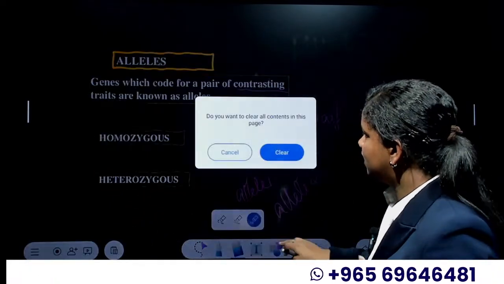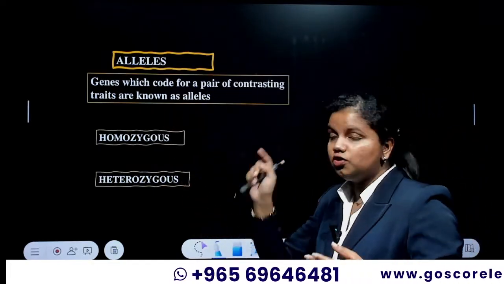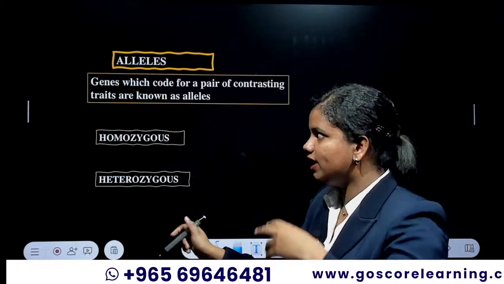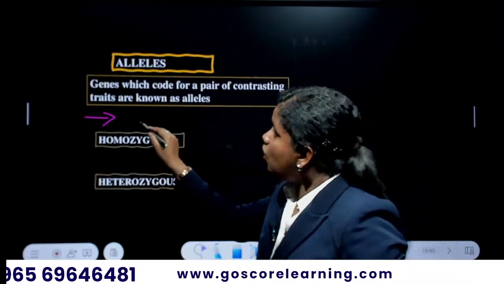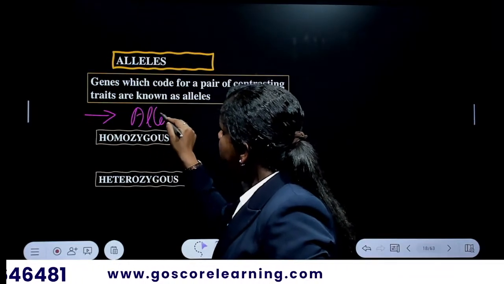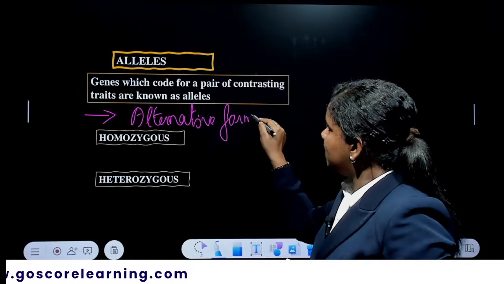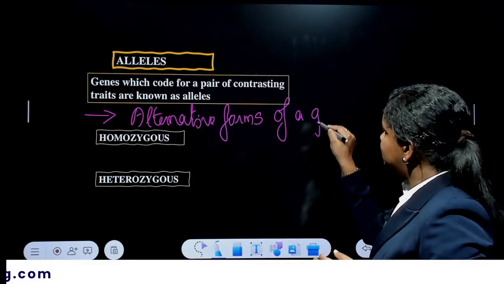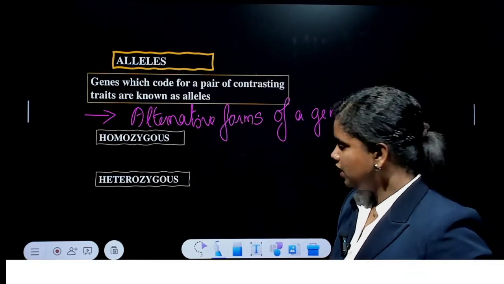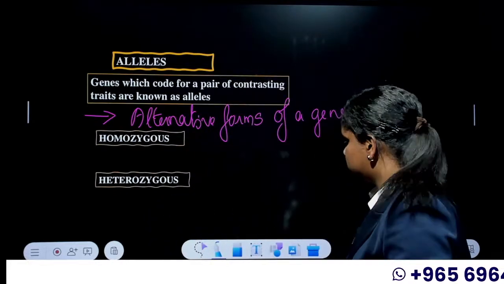That would be a great definition. Genes which code for a pair of contrasting traits are alleles, or the alternative forms of the same gene. And here comes the terminology homozygous and heterozygous. What is the difference?